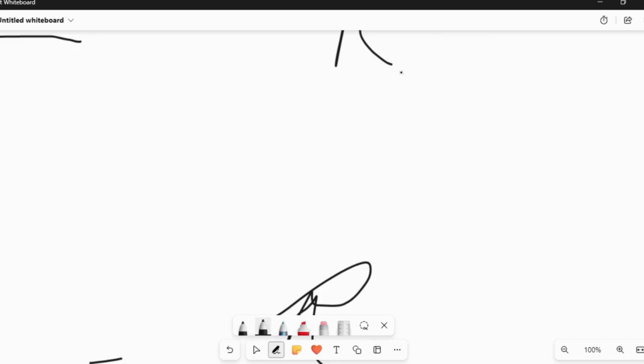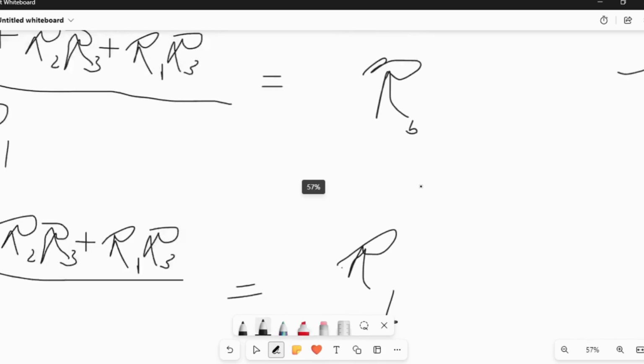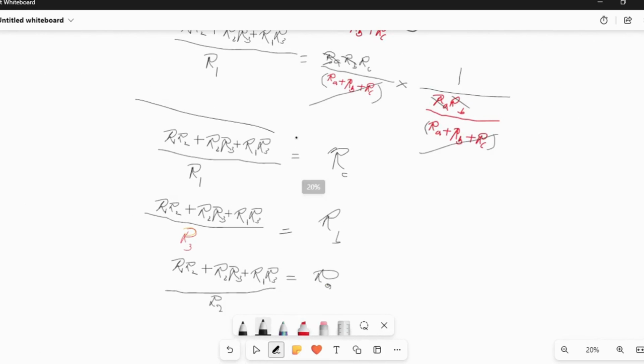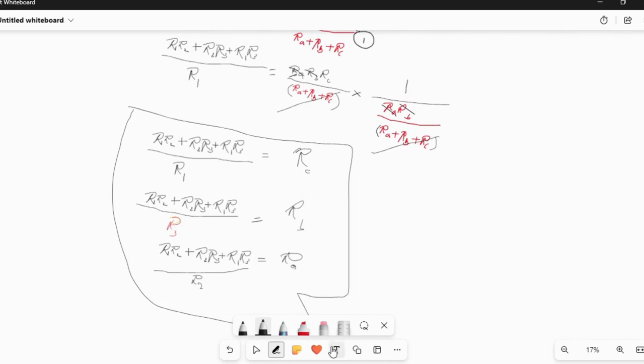Oh no, it's RC. Okay, these are the relationships that we will use when we are transforming T or Y to pi or delta.